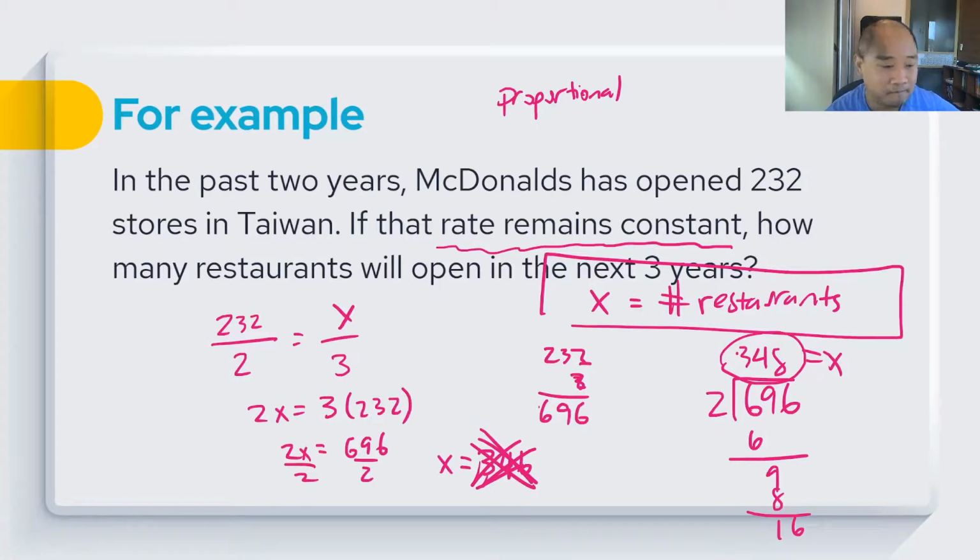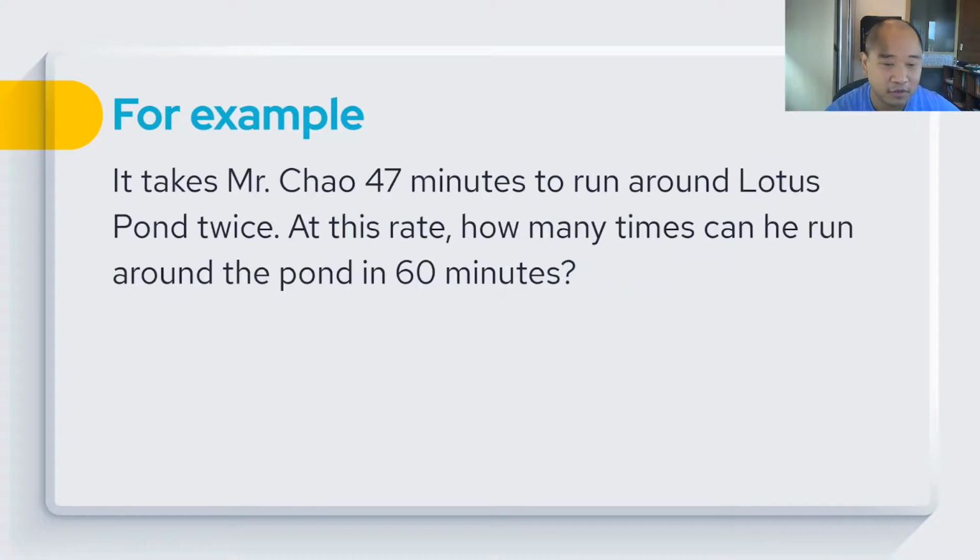Go ahead and do this one on your own. It takes Mr. Chow 47 minutes to run around Lotus Pond twice. At this rate, how many times can he run around the pond in 60 minutes?